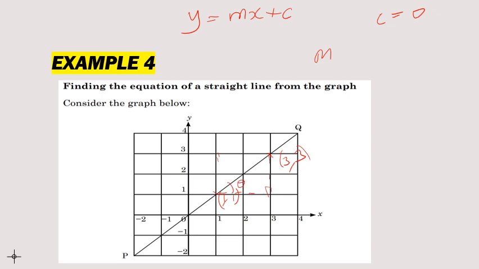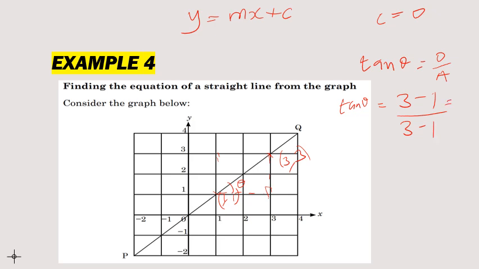That's theta. We know that for us to find gradient, tan theta is equal to opposite over adjacent. Our opposite is the change in y, so it will be 3 minus 1, divided by the change in x, which is 3 minus 1.